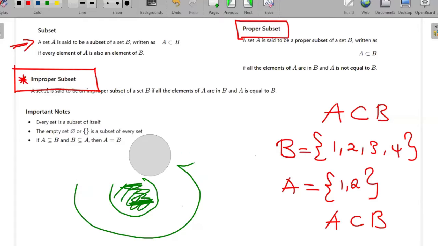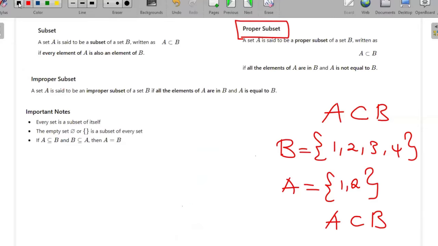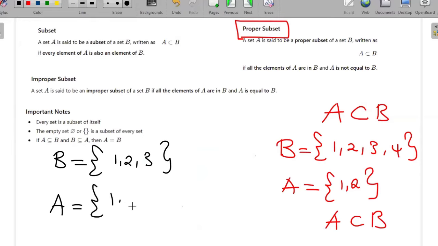And now, when you talk about the improper one, we mean this. If my B has 1, 2, and 3, and another set A also has 1, 2, 3, then we are going to say that A is an improper subset of B. The improper subset is indicated by this symbol here.